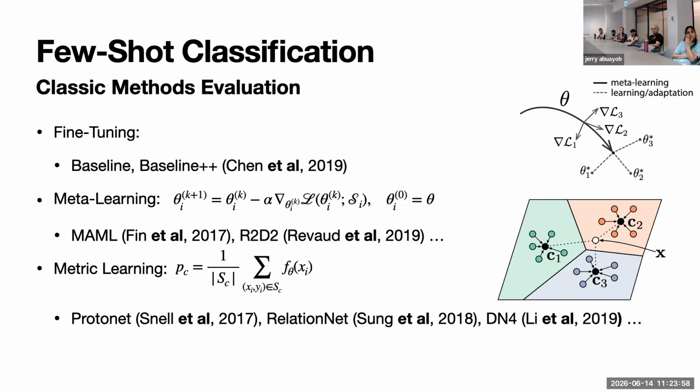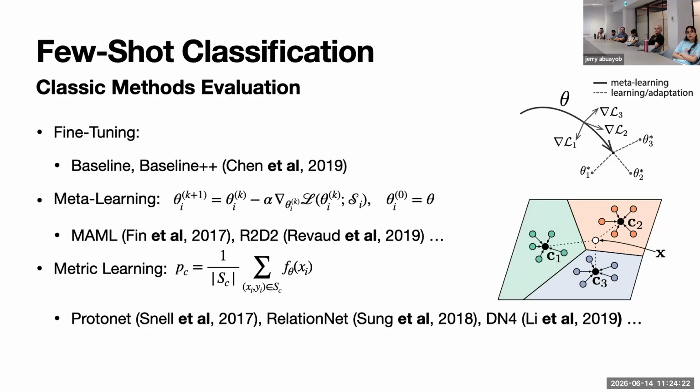We fit this linear classifier on the support set. This is called baseline, and baseline plus is just a different type of classifier, but it's the most straightforward method there is. We train it on the support, we freeze it, and we test the performance on the queries.